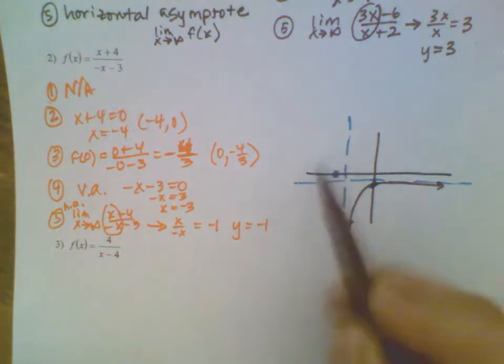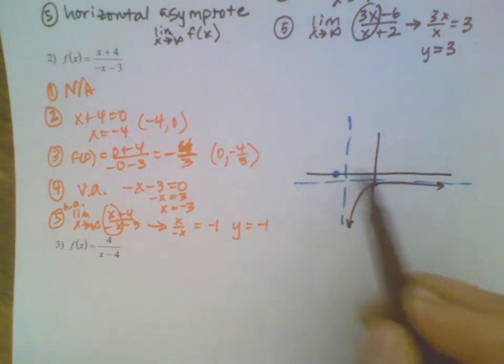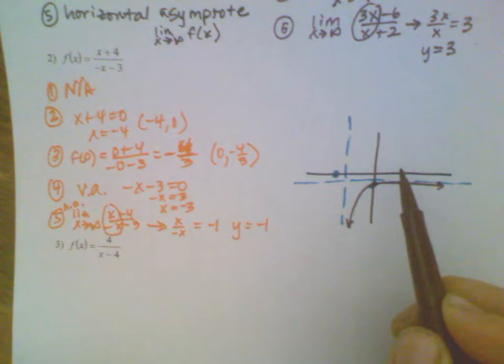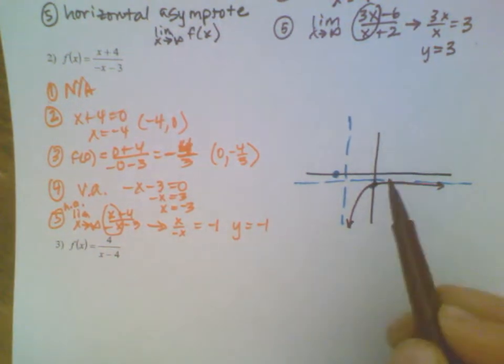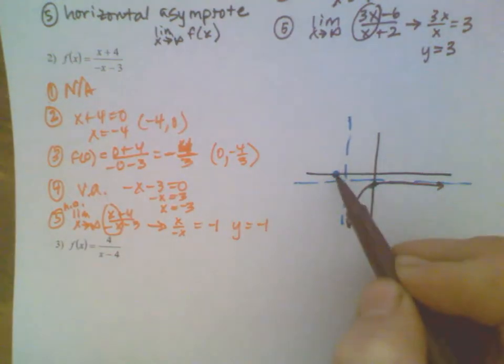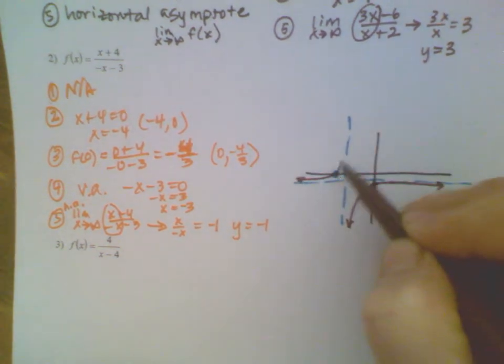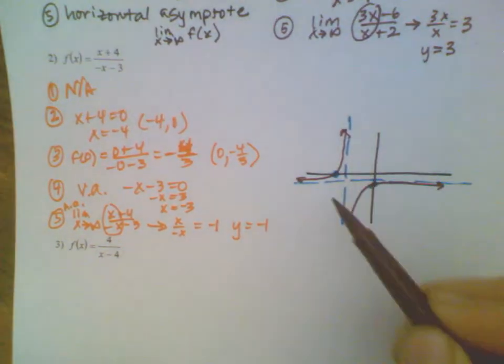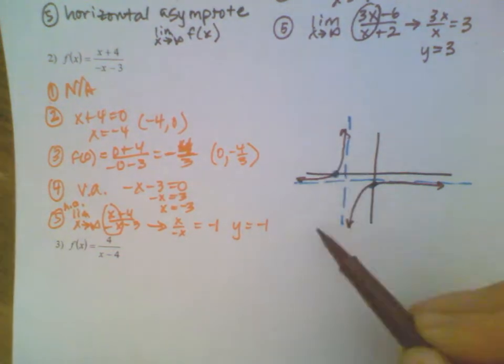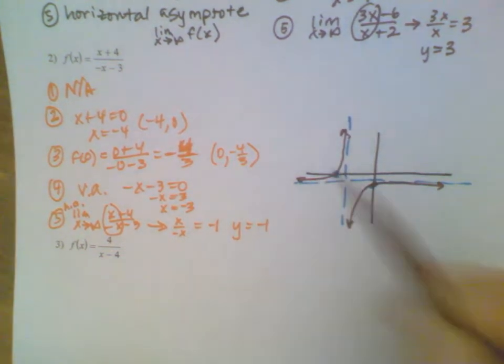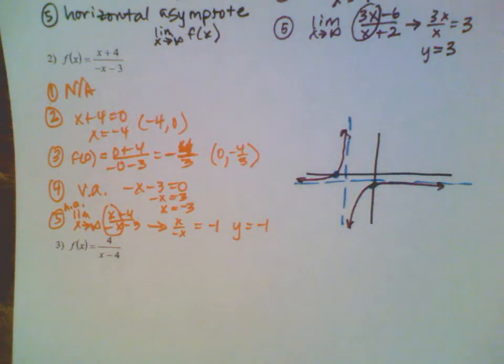In this one I do have another point over here. It can't go above because it would not be a function anymore. I do have this other point that it's got to hit and cross through, so it's going to approach those asymptotes. I can't have a piece below because, again, it's not going to be a function anymore. So now I have my two little swoopies that make my graph.